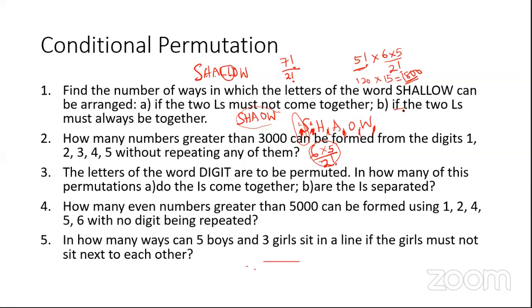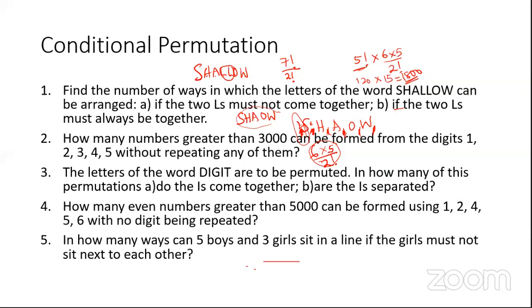Please, the 2 factorial that you divided with, how did you get that? I told you that they are identical objects. You can see the way we dealt with statistics, ABRACADABRA, and so on in the last example, in the last slide.